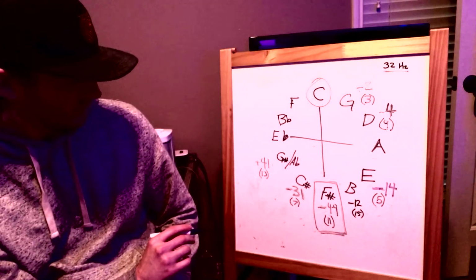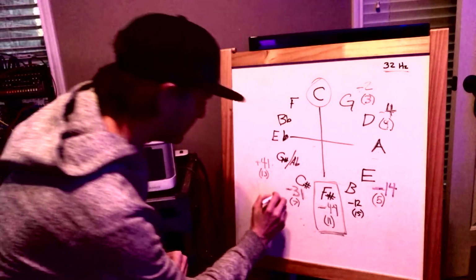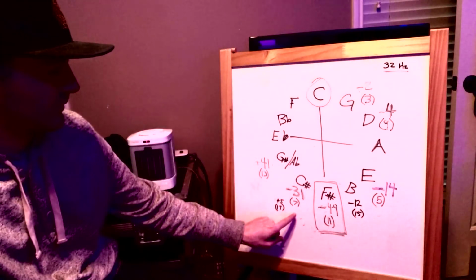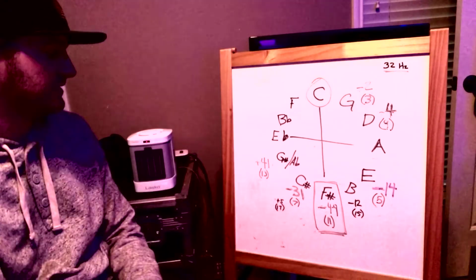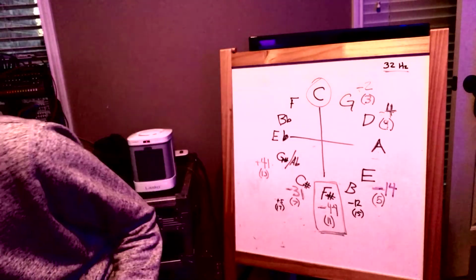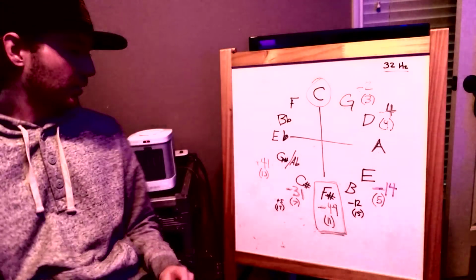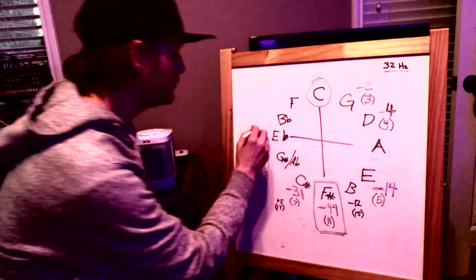Wait, interesting. C sharp. That is 5 cents sharp. So our 7th harmonic is a C sharp that's 31 cents flat, but our 17th harmonic is a C sharp that is 5 cents sharp. Very interesting. 19th harmonic is a D sharp, so an E flat, that is 2 cents flat.